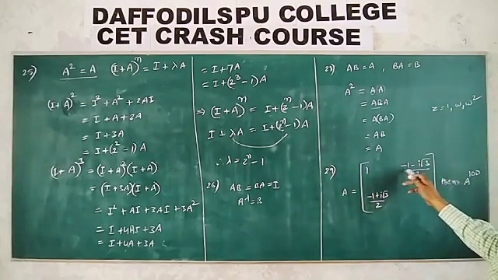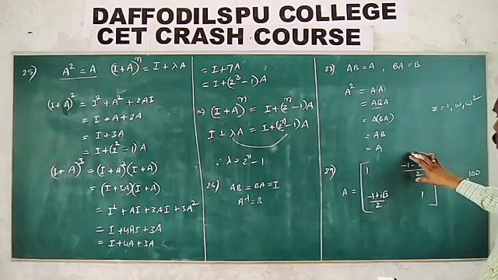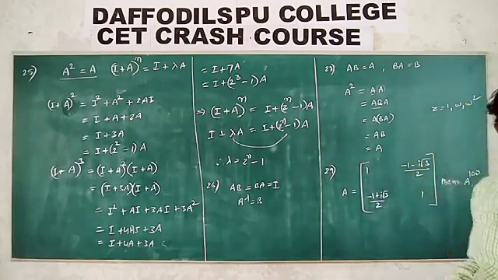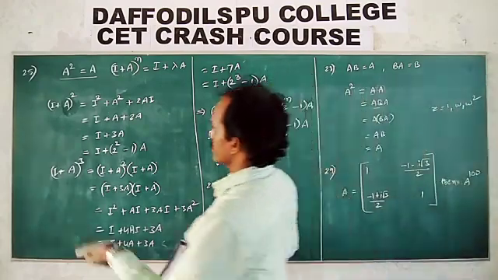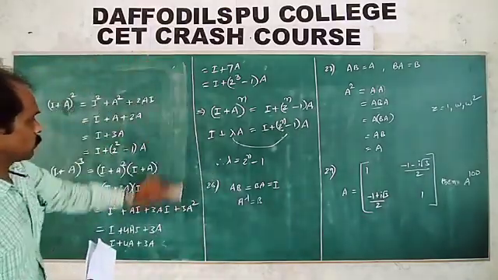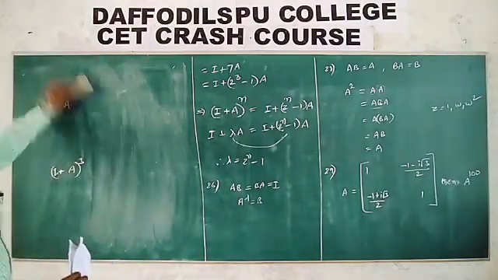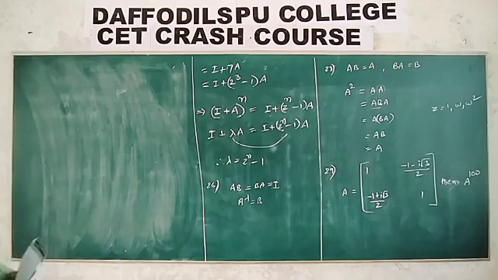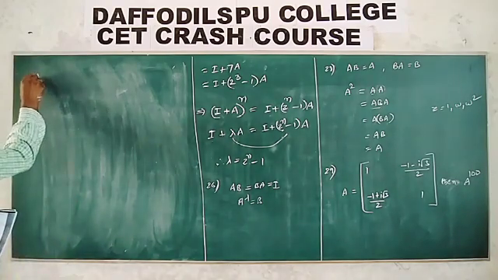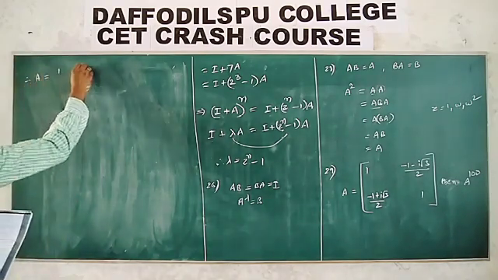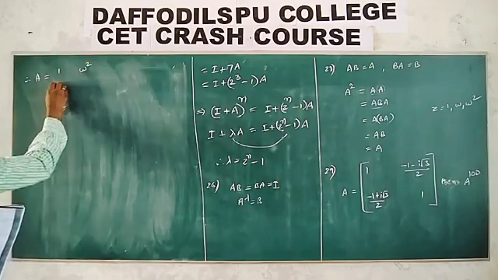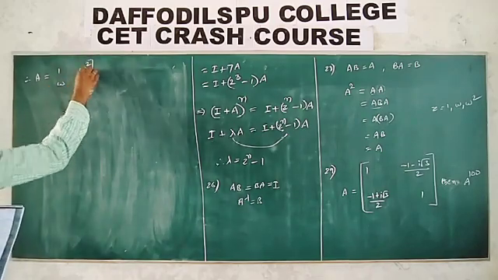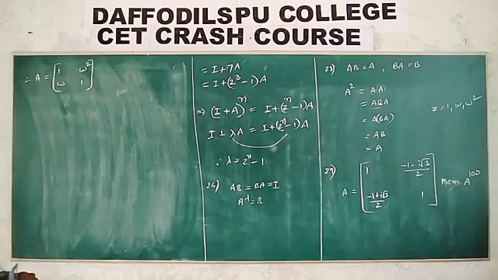Omega square is equal to minus 1 minus i root 3 by 2. So in place of this one, substitute omega and omega square. Therefore, A is equal to [1, omega square; omega, 1].